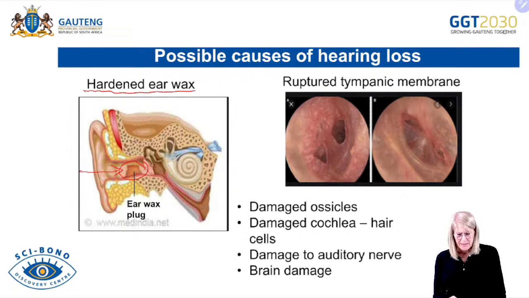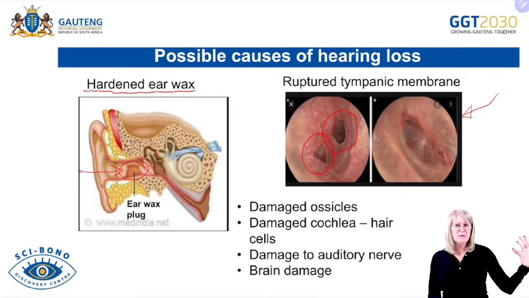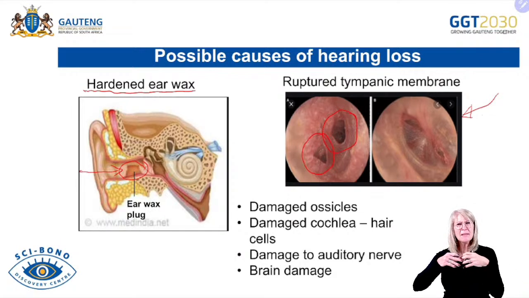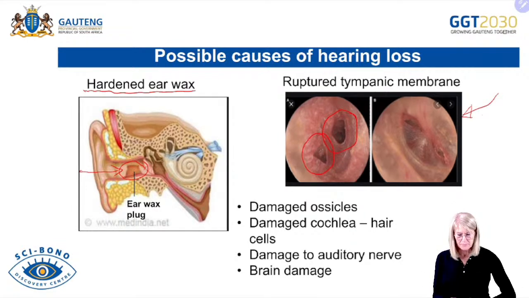All right. Other reasons for hearing loss can be a ruptured tympanic membrane. In these two diagrams you can see how, from pressure, either from the outside if you went diving or you're in a plane and you didn't equalize, or from middle ear infection, the pressure builds up so much on one side of the tympanic membrane that it causes it to rupture.